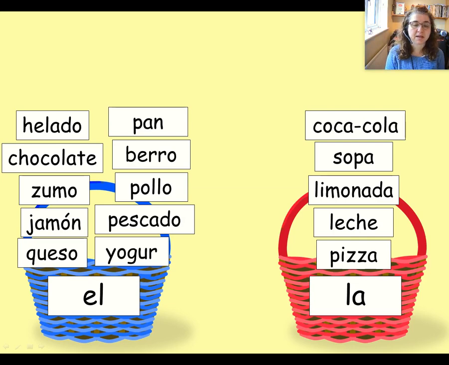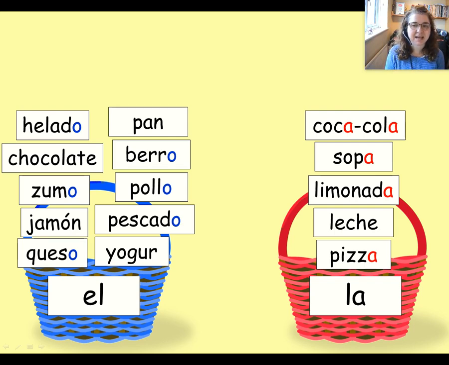Now, last week we sorted out our 15 food and drink nouns into masculine and feminine. In other words, ones which will have to have el in front of them and ones which will have to have la in front of them. And we saw, didn't we, that a lot of the masculine ones end in o, like masculine nouns tend to do, and a lot of the feminine ones end in a.